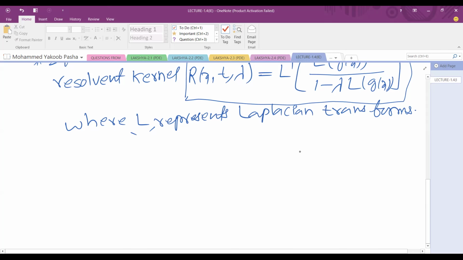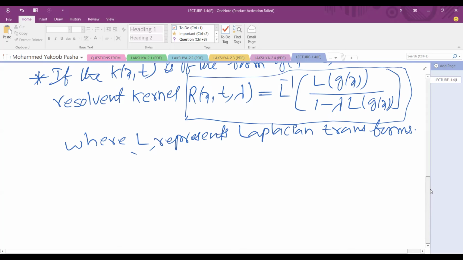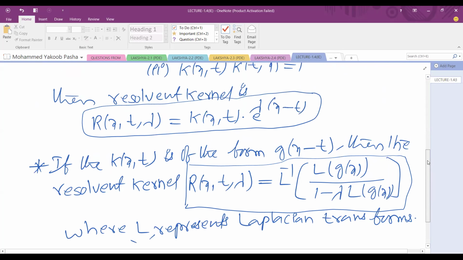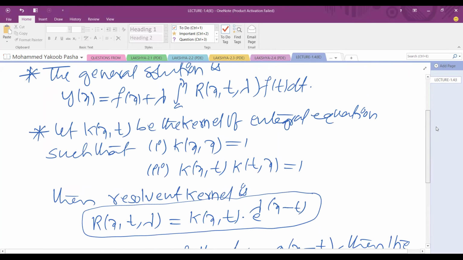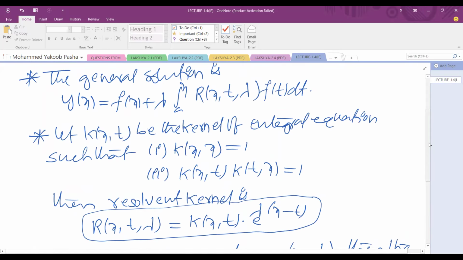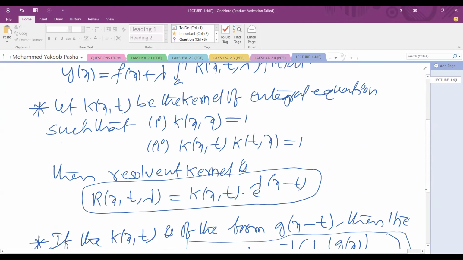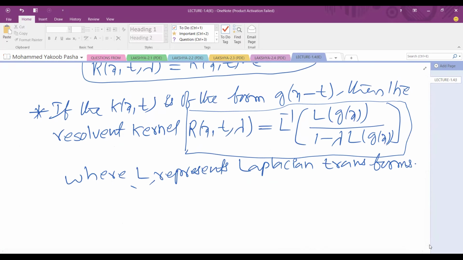Here we know the function f of x, lambda and k of x comma t in the given Volterra integral equation. We don't know g of x. How to find g of x? It is very simple.